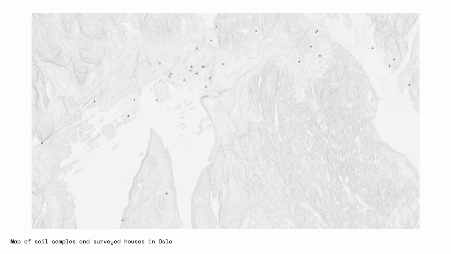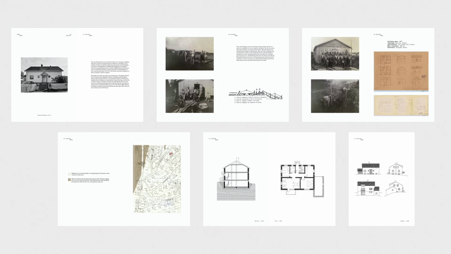With the course, we did a lot of mapping. We tried to identify some of these houses. We didn't have the capacity to map everything. We also collected samples across Oslo, so the lighter dots in there are samples that we collected.